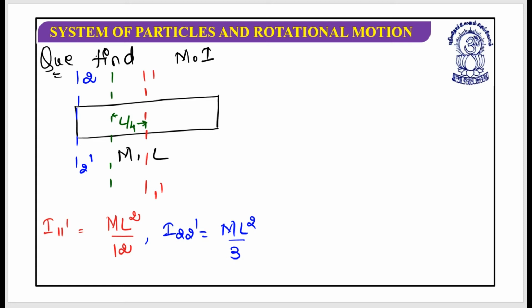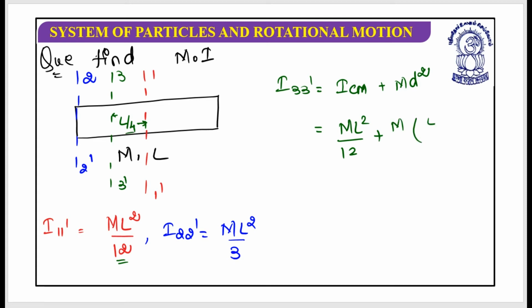Let's suppose this is I33'. I33' is equal to I center of mass plus m into d square, where d is the distance. Now I center of mass is ml square by 12, plus m into l by 4 whole square.